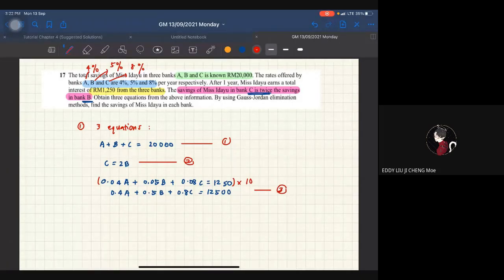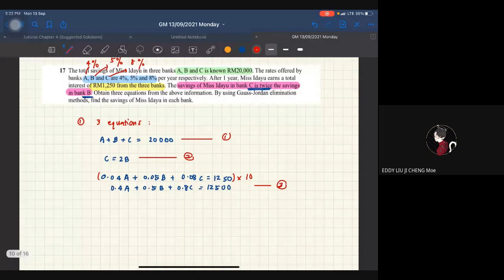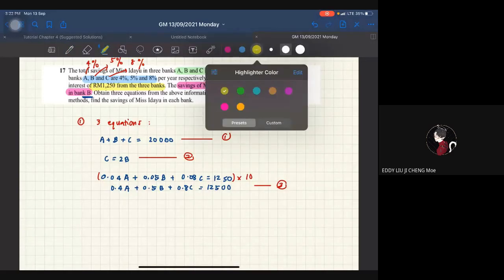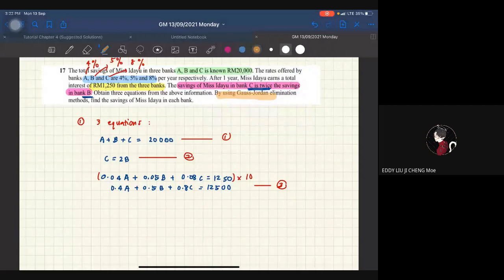Okay, and then soalan cakap, dia suruh kita guna Gauss-Jordan elimination method. So maksudnya dekat sini kita kena guna Gauss-Jordan. Before nak jadikan dia Gauss-Jordan, awak tulis dia dulu dalam bentuk general form.